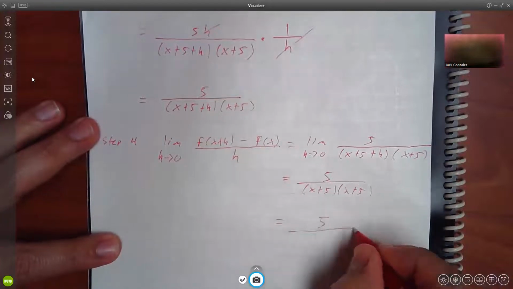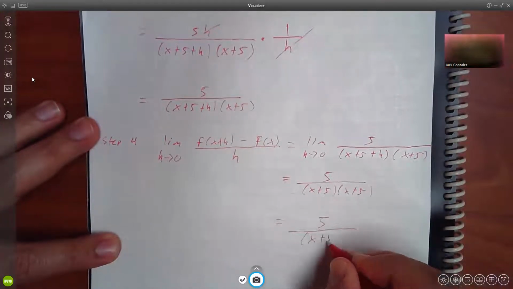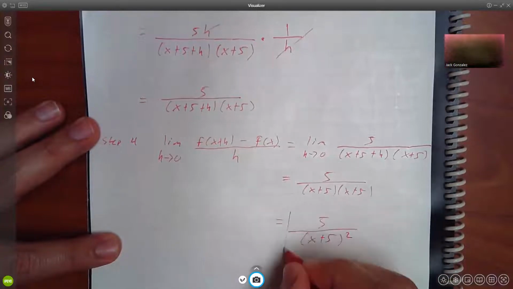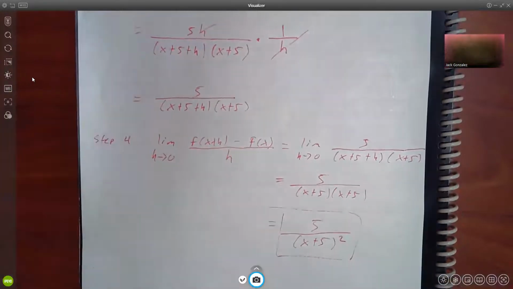Which will be this. So that is the limit, that is the derivative using the limit process.